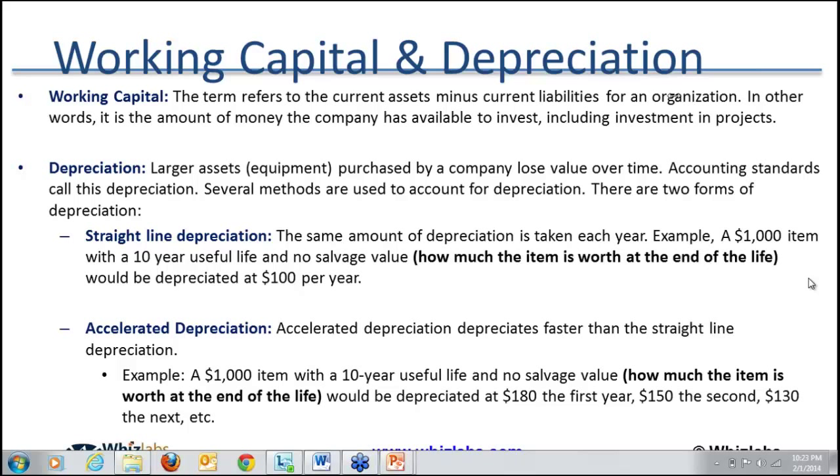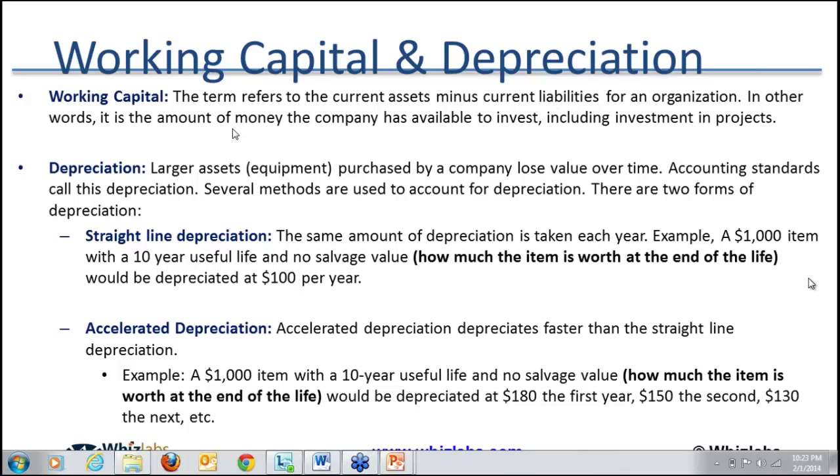Okay. So let's understand working capital. Working capital is basically the fund which the company has to invest in the project. Let me read the PMBOK definition. The current assets minus current liabilities for an organization.